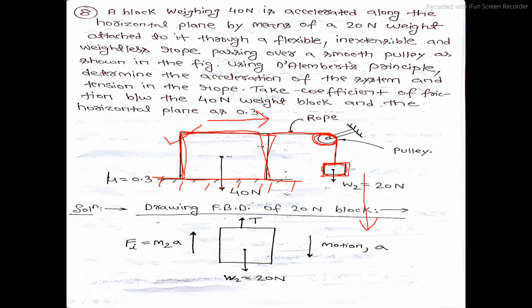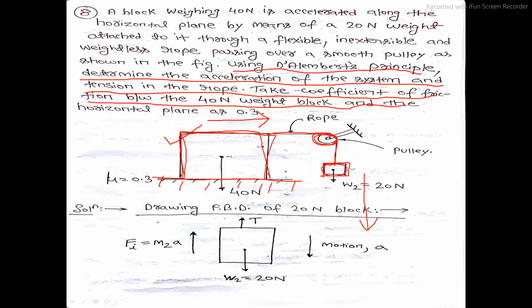So what you need to find out in this problem, using D'Alembert's principle, is the acceleration of the system and the tension in the rope. Take the coefficient of friction between the 40 Newton weight block and the horizontal plane as 0.3.